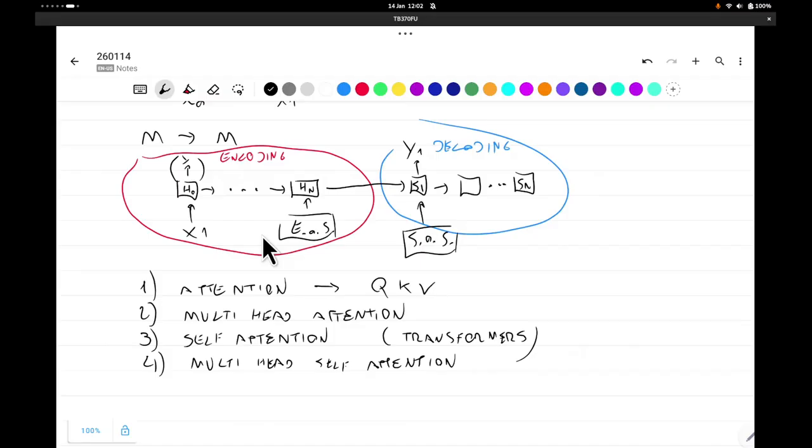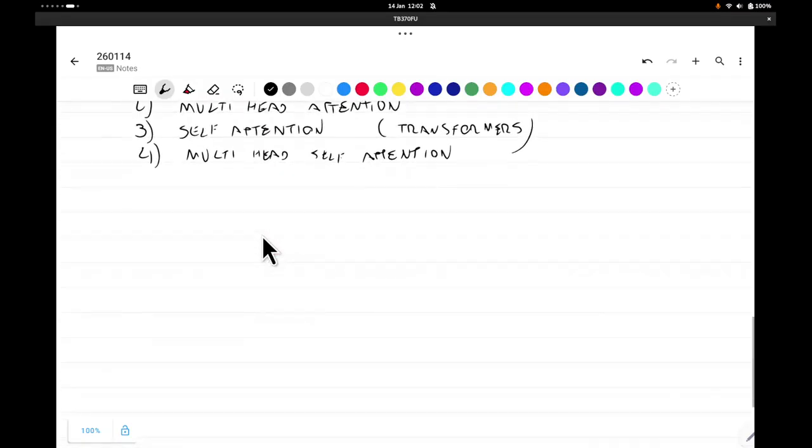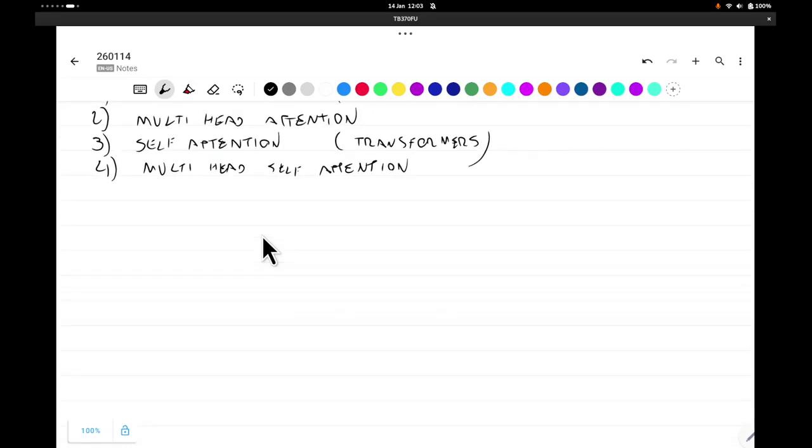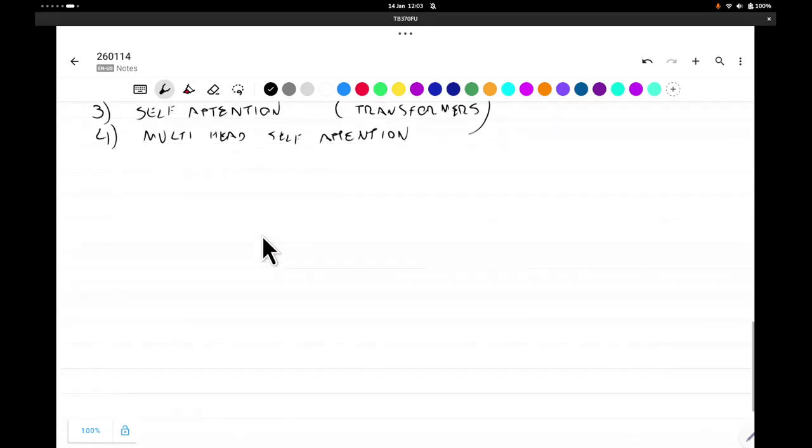Okay, so that's the very short recapitulation of the transformer technology.